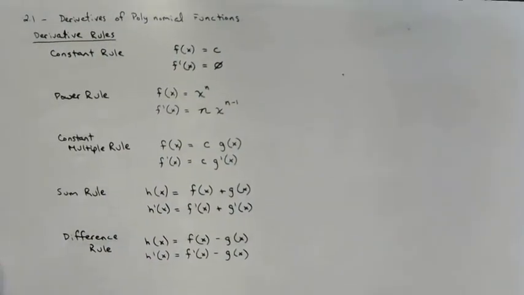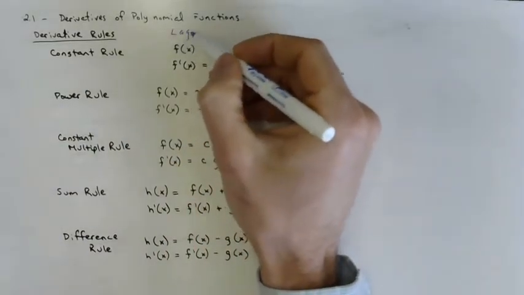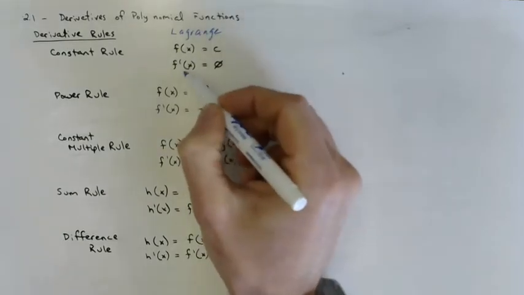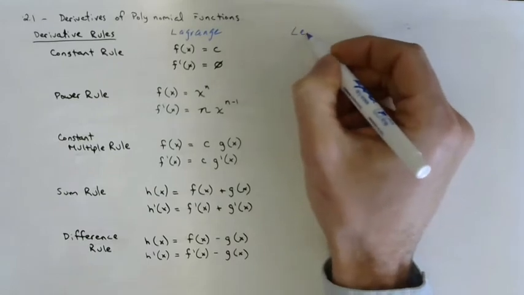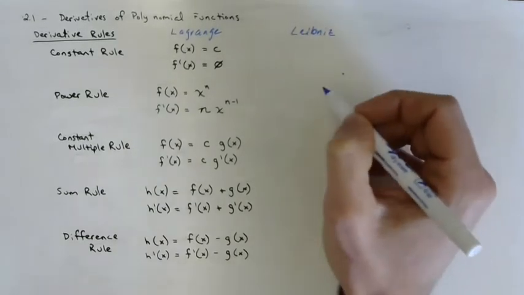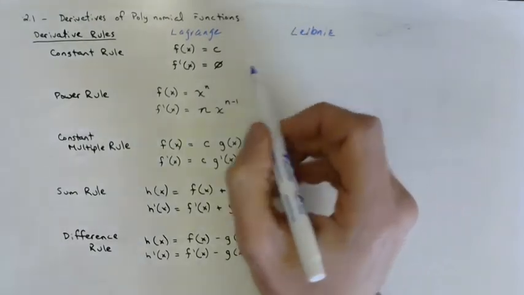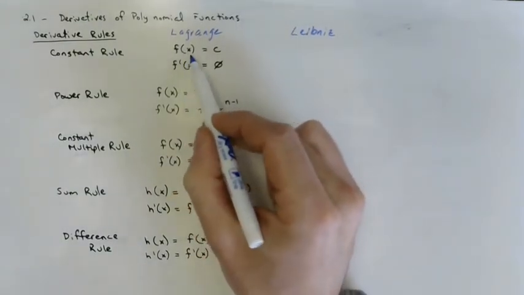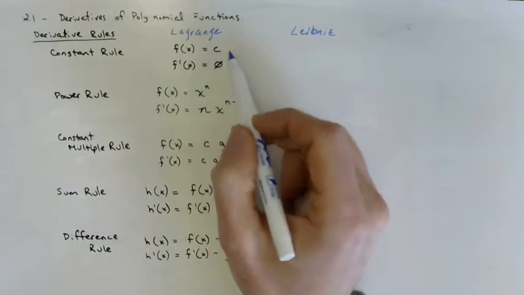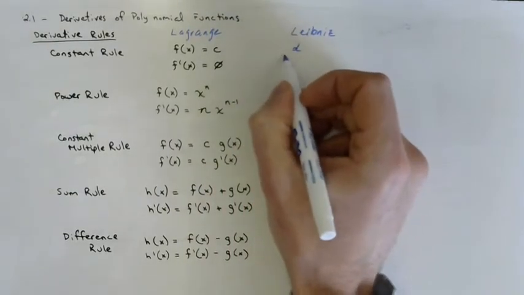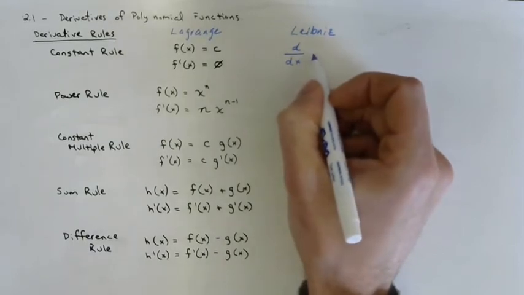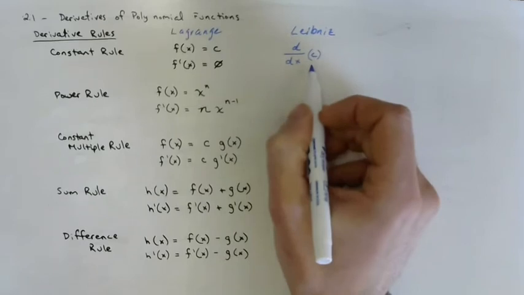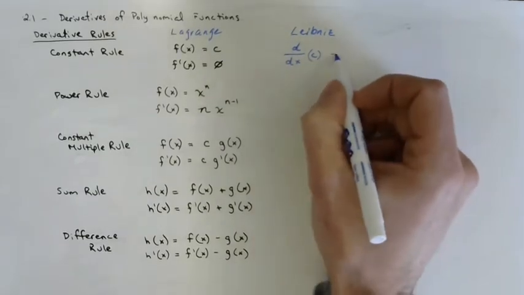And I'm not going to do this for all of them, but this is called Lagrange notation, f prime of x, g prime of x, that's Lagrange. But we also did Leibniz. And basically the derivative of f of x equals c is written this way: d over dx, or d by dx, of c equals 0.